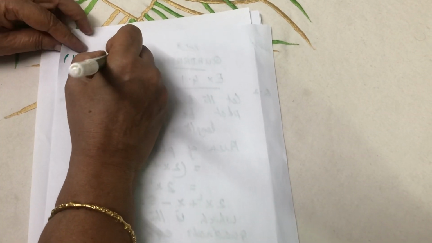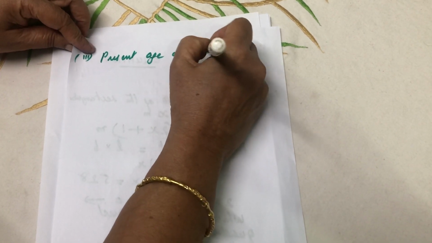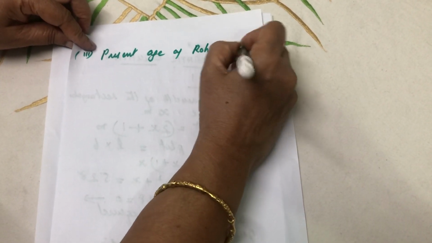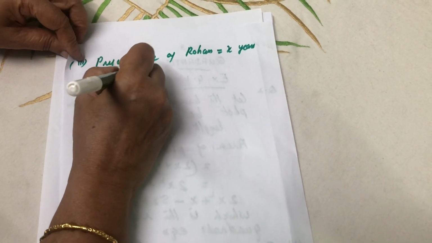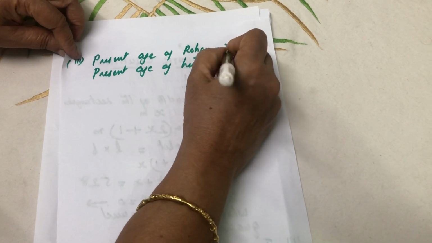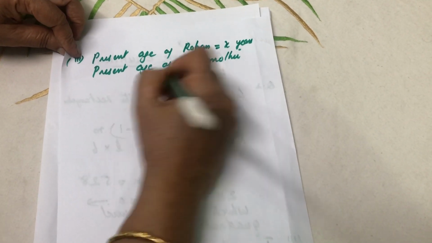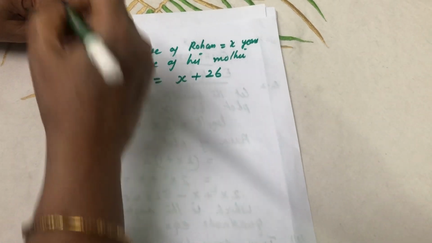Present age of Rohan is x years, present age of his mother, 26 years older than him, so x plus 26.